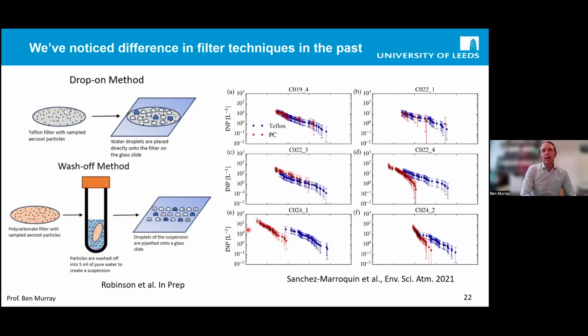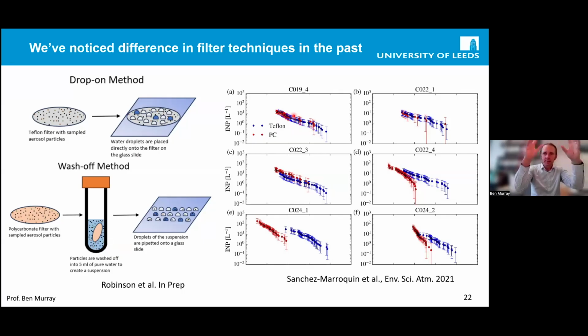And I've included here just a set of side-by-side runs from the FAAM aircraft filters, which was published by Alberto Sanchez Marroquin a few years ago. So in blue, we've got the Teflon, and in red, we've got the polycarbonate. Because we've got two inlets on the FAAM aircraft, we could collect these two filter types in parallel.